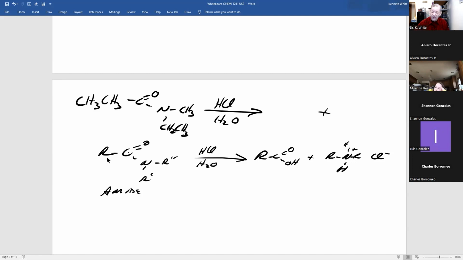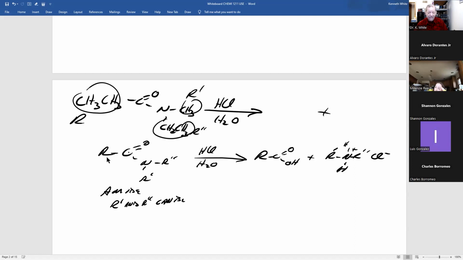That's why I use HCl, not H plus, because you need an anion. As all molecules in nature have a net zero charge. This is R. One of these I can call R prime, doesn't matter which. The other R double prime. And remember, not in this case, but R prime and R double prime can be one, both, or none hydrogen.